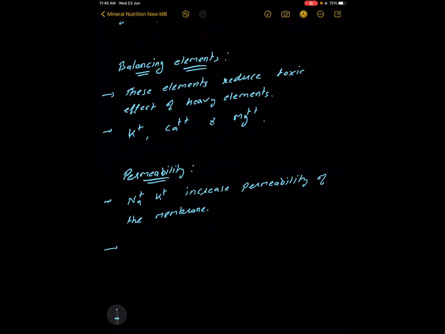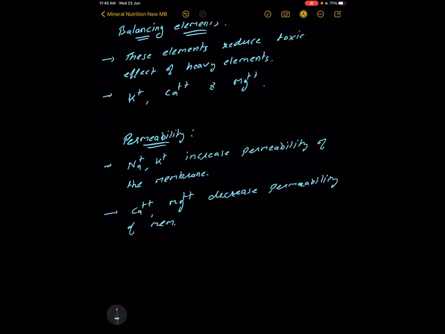If ions are bivalent, they decrease permeability. Calcium and magnesium decrease permeability of the membrane. Divalent ions decrease permeability of the membrane.